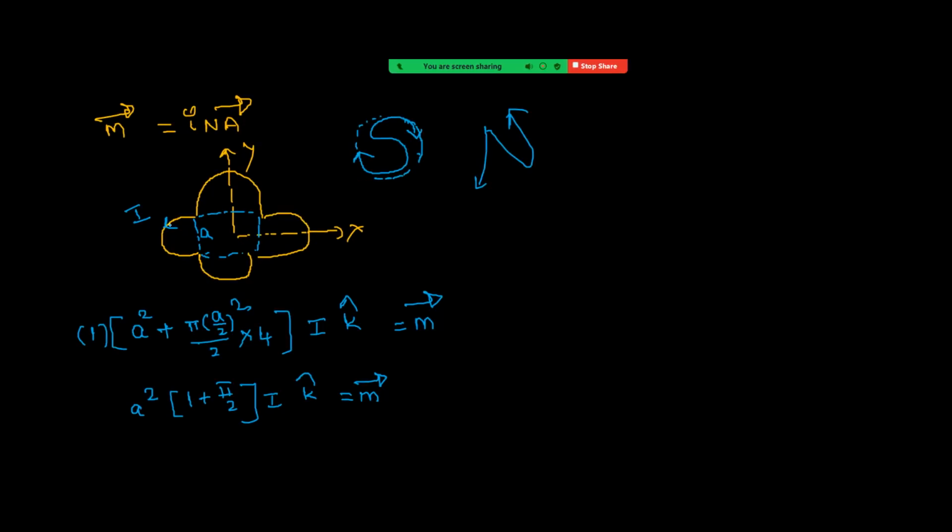You can see in this, direction of current is anti-clockwise. That means this face is acting as north pole. The face behind this is acting as south pole. And we have learned that direction of magnetic dipole moment is from south to north pole. That means it is outwards. That is what we have taken here, k cap.